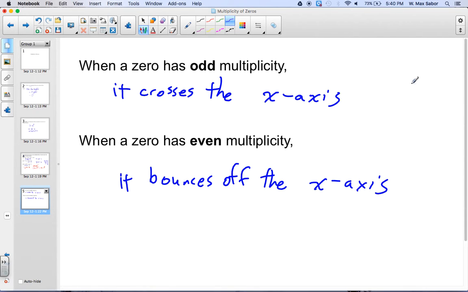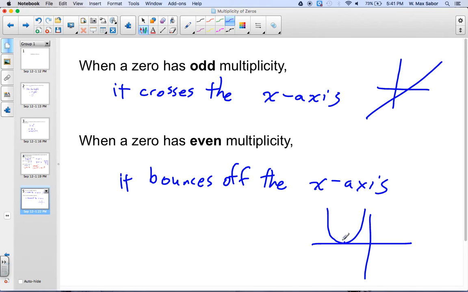The most straightforward example is if I have a line versus a parabola. Here, this is a root that appears twice. Parabolas have two roots, and if this is just one root, then it means that it has a multiplicity of 2. Whereas a linear equation only has one root. And this one crosses the x-axis, this one bounces off the x-axis.